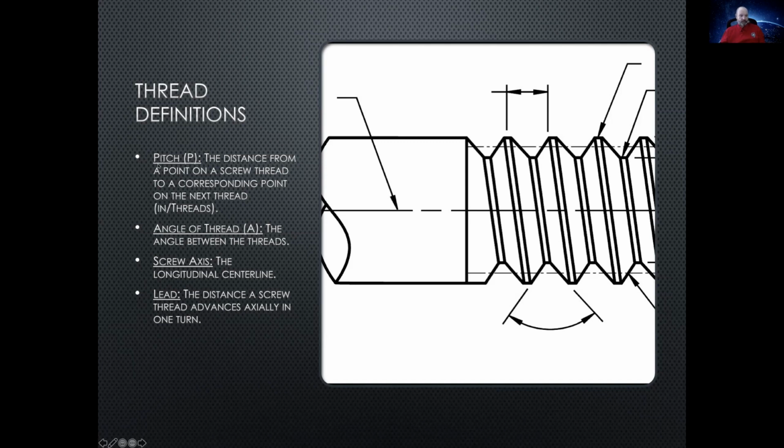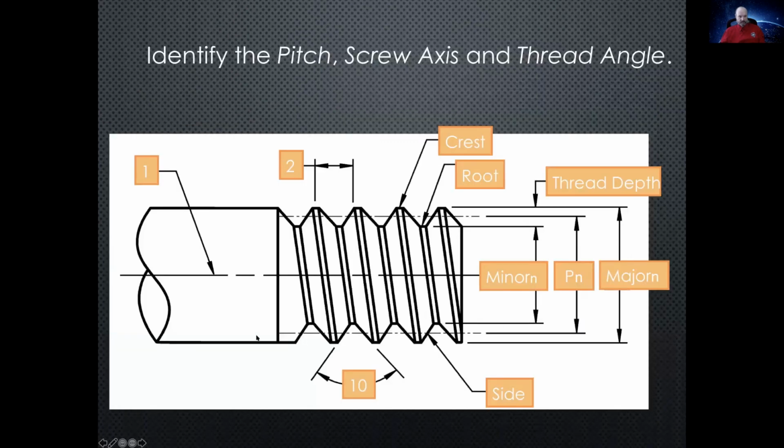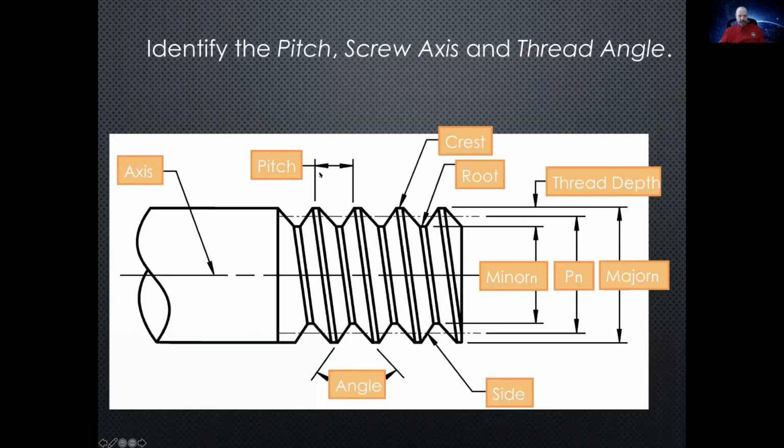Okay, so again, we got pitch, angle, and screw axis. So let's take a look at those. So there's the pitch, there's the axis, there's the angle, okay? And then how far it goes in one turn is the lead.